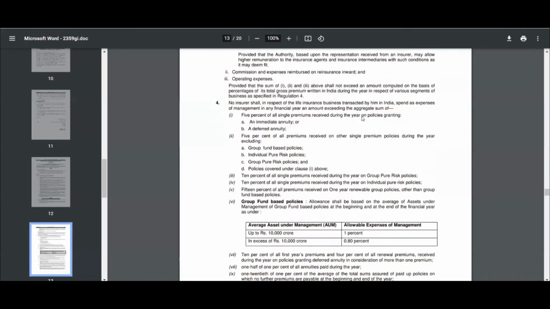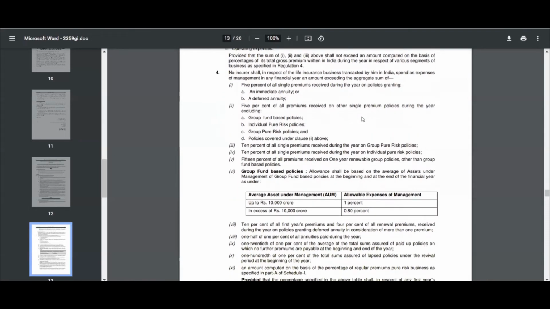So moving on, for a deferred annuity kind of product, which is based on a regular premium structure, it would be 10% in the first year and 4% for the renewal premiums. Then there is one half of 1% of the annuity paid by the insurer in a particular financial year, 1/20th of 1% of the average sum assured of the paid up policies, and 1/100th of 1% of the total sum assured.